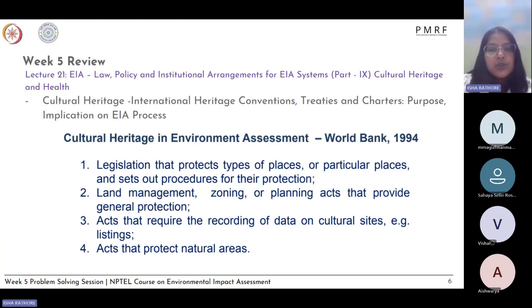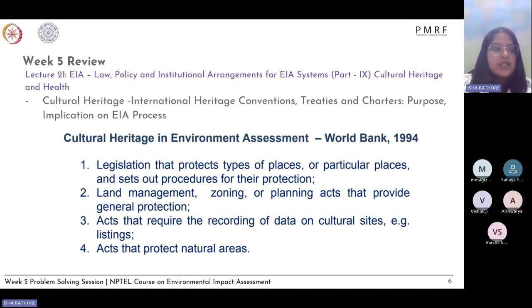Second is land management, zoning, or planning acts that provide general protection. So, if any land management or zoning or planning or a development project has to come near these identified places, what sort of guidelines should be provided and what sort of best practices we should have, such that the cultural heritage is not impacted by any new developments which happen.